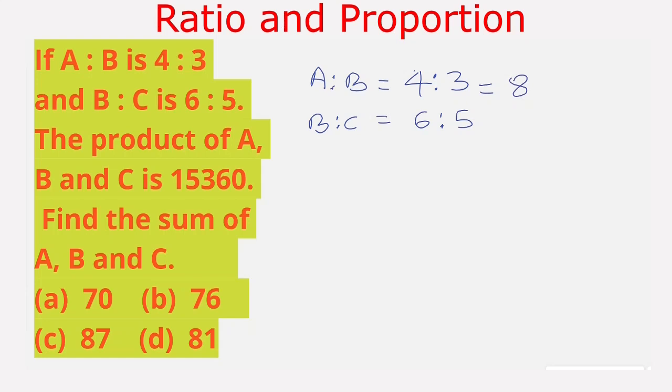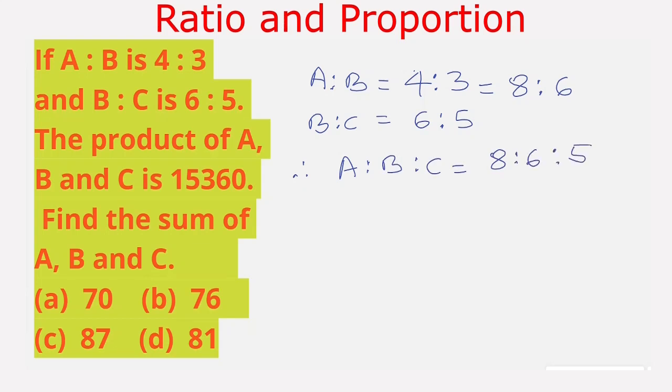to 4 times 2 is 8 ratio 3 times 2 is 6. Now in both the ratios A ratio B and B ratio C, the value of B is 6. Therefore A ratio B ratio C is equal to 8 ratio 6 ratio 5.